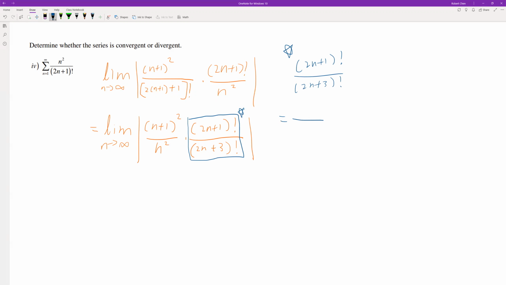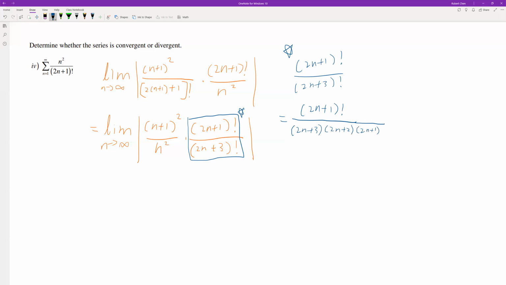So (2n plus 1)! in the numerator. Let's copy that down. Now in the denominator, I'm going to expand out the first few terms. So I have 2n plus 3. The next one will be 2n plus 2. And then the next one will be 2n plus 1.